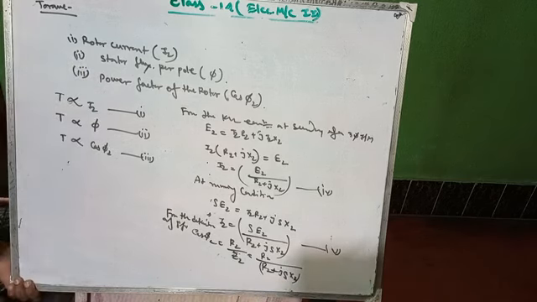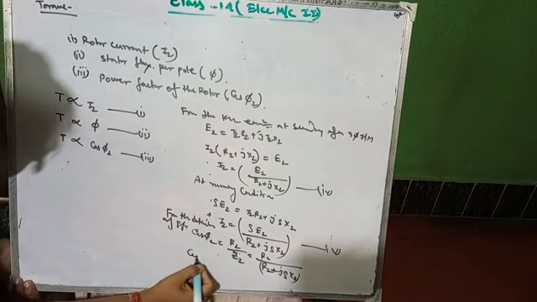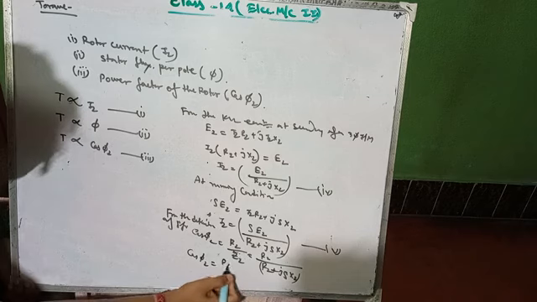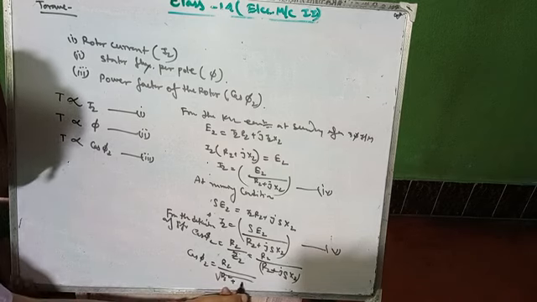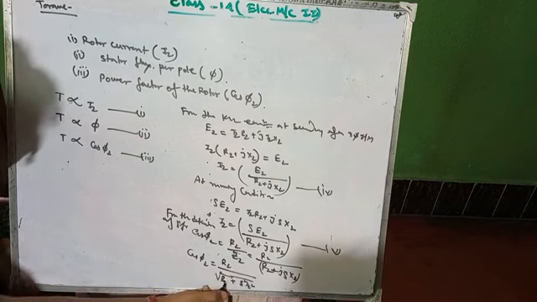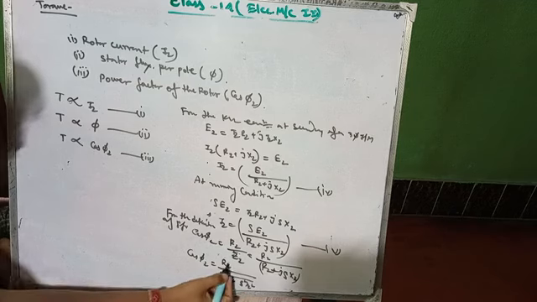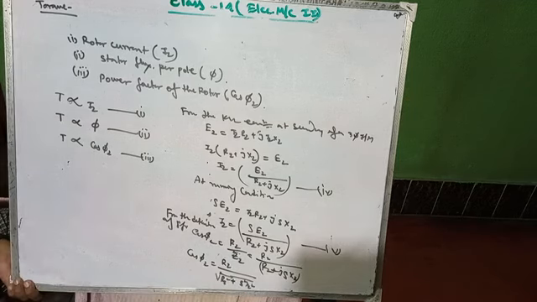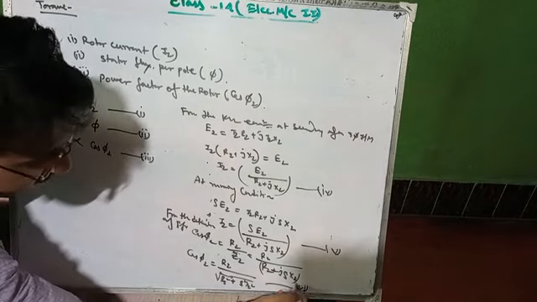If we want the magnitude only, that will be R2 by root over of R2 square plus S square X2 square. Okay, so this is your cos phi 2. We make it equation number 6.